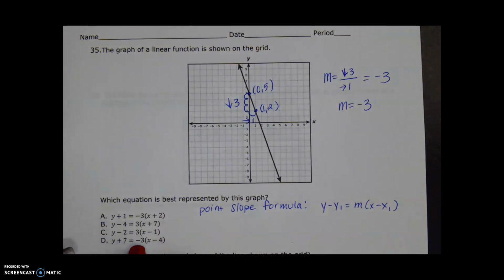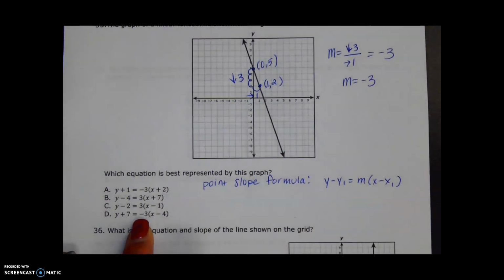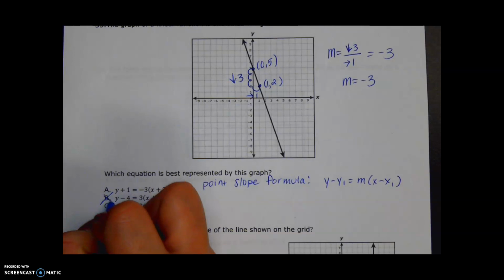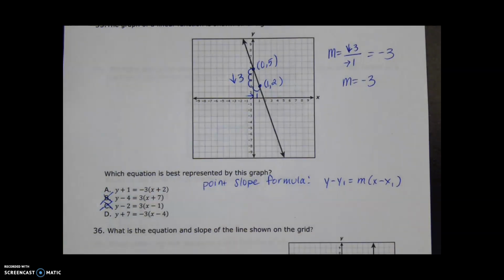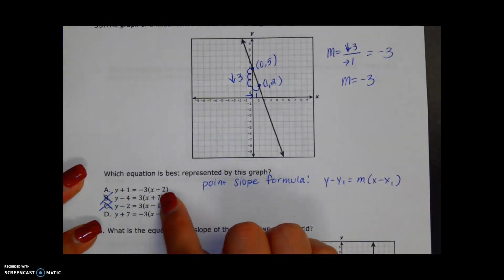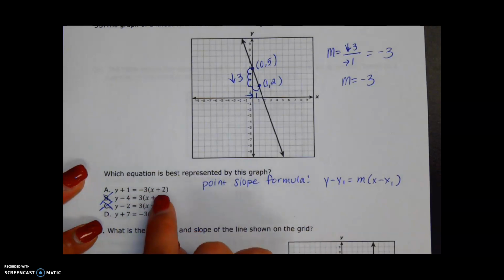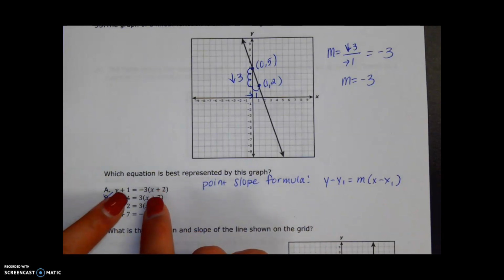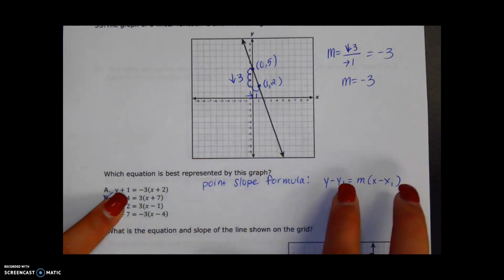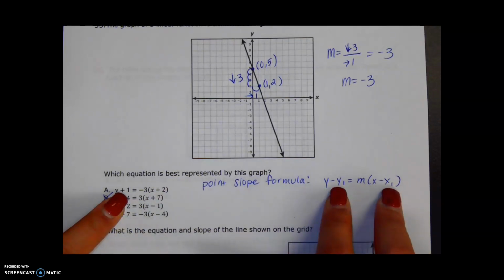So let's take a look at our answer choices. It's not going to be B or C because those are positive. So now I'm left with these 2 choices, and I have to think to myself, okay, what point are they talking about? When they say y plus 1 and x plus 2, I need to think about my point slope formula, right?